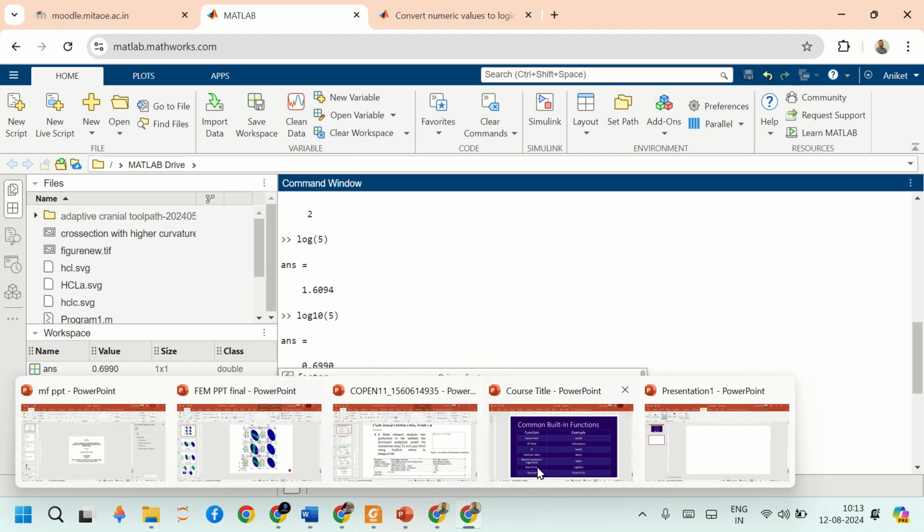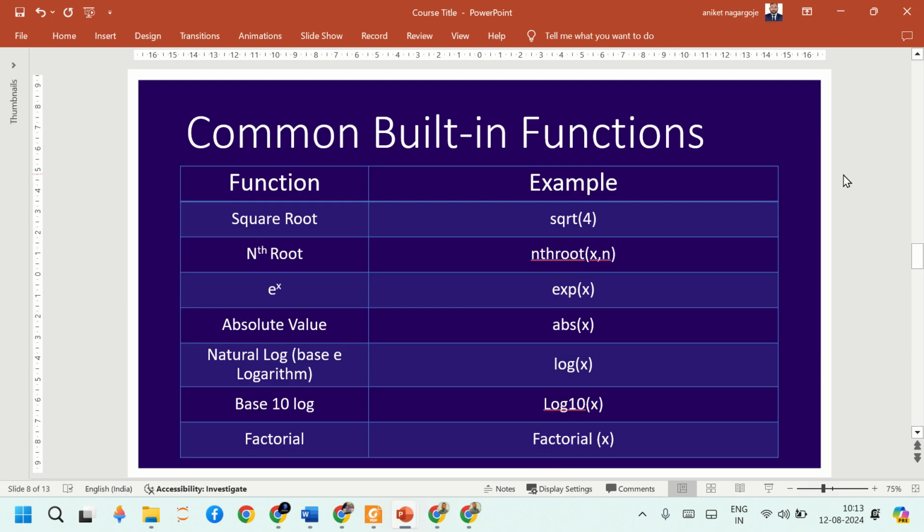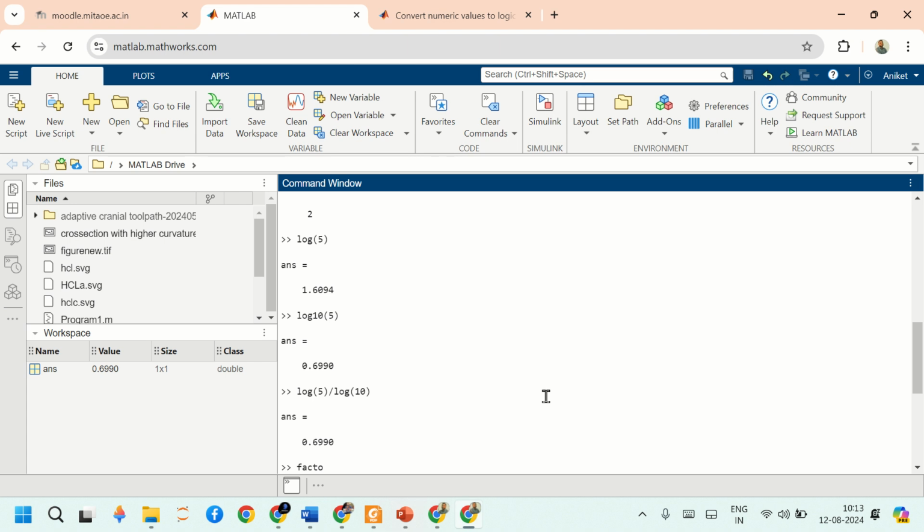Let me see what the function is, factorial x. Factorial of 5 is nothing but 5 into 4 into 3 into 2 into 1. So that's the direct function you can use. Now if you don't know how to use a function, what can you do? You can just click on the function and press F1.